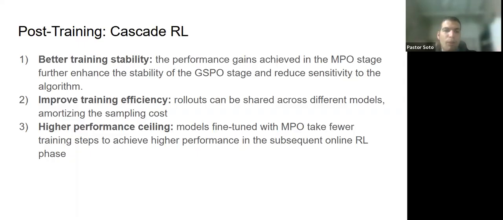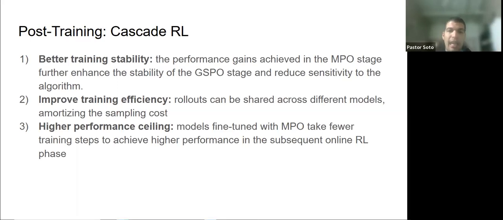The overall idea is that this cascade reinforcement learning they propose has better training stability, and the performance gains achieved through the MPO stage enhance the stability of the GSPO stage.